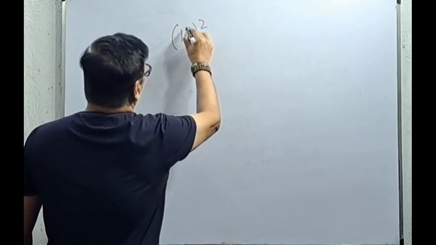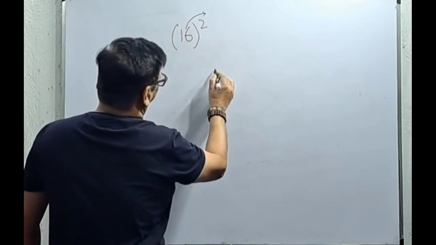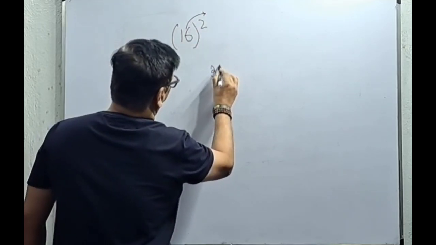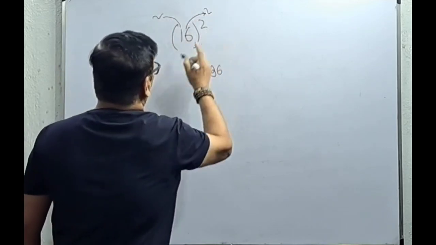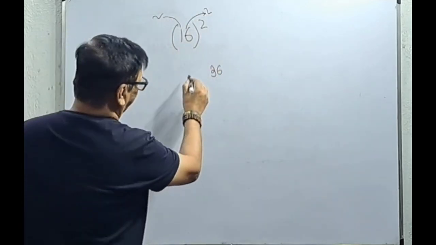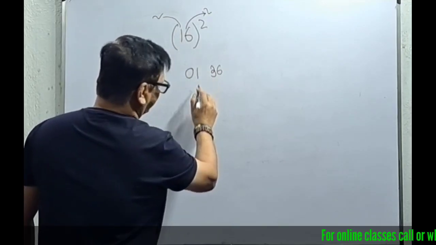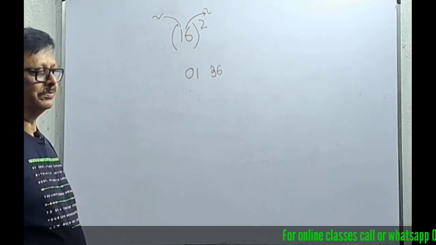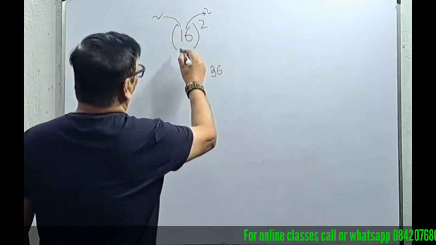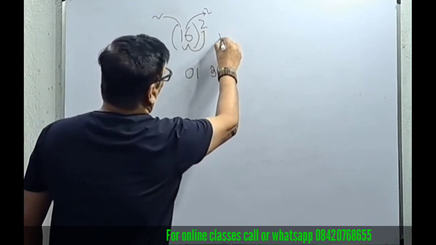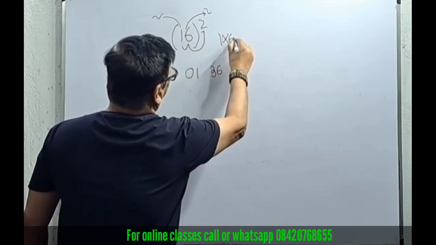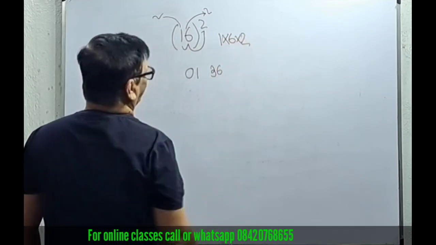So what you do is square this one and write it here, 36. Square this one and write 0, 1, because the tens place must be there. Now you multiply these: 1 multiplied by 6 multiplied by 2, that is 12.